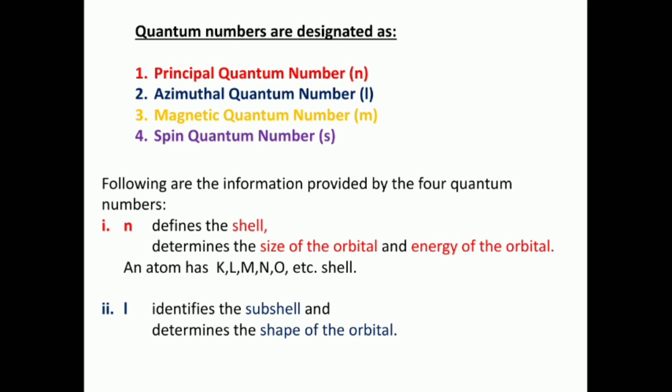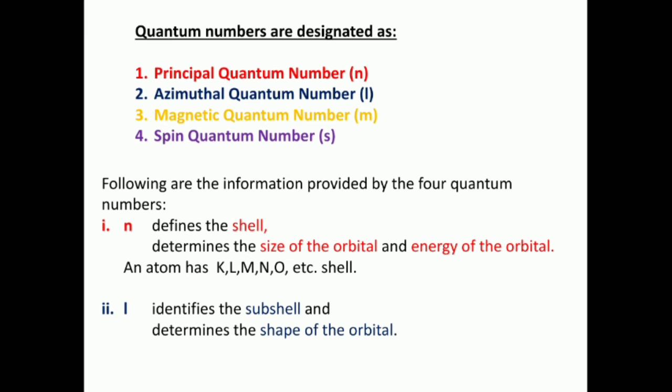And next, number 2, the azimuthal quantum number l. It identifies the subcell and determines the shape of the orbital, right? So it identifies the subcell, that subcell within the cell itself.